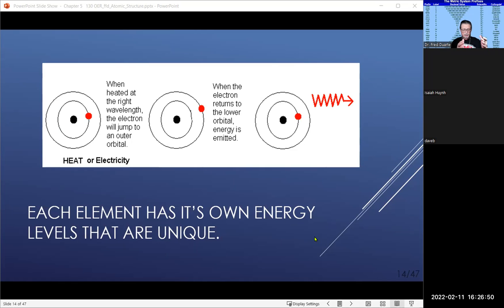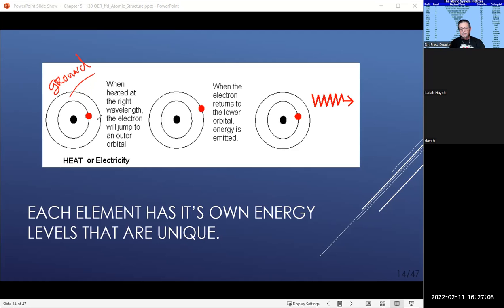And as I explained earlier, what's happening here is denoted in this model, where this would be considered, say, the ground state. This is the ground or the stable state. So we have the nucleus, and then orbiting around the nucleus, we have an electron, okay?